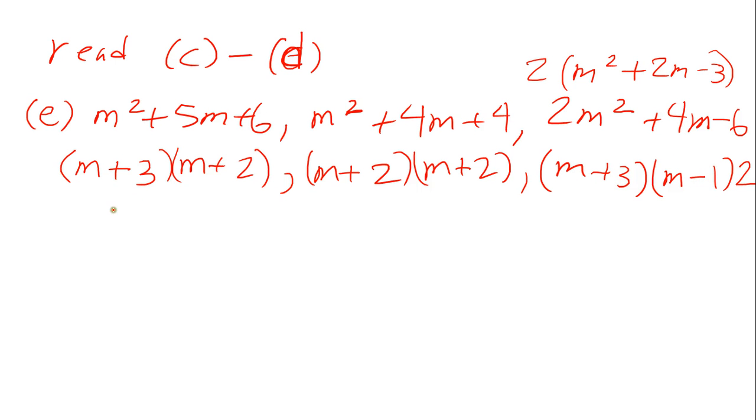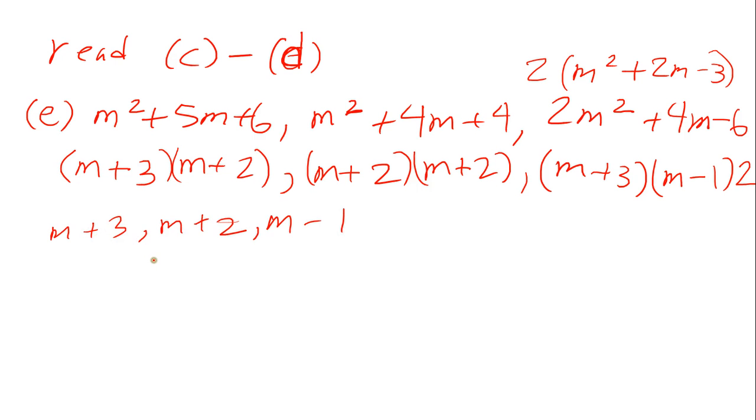Alright, so let's see what they have in common already. These two have an m plus 2, and m plus 3 here. So our least common denominator needs to have m plus 3, m plus 2, and m minus 1.